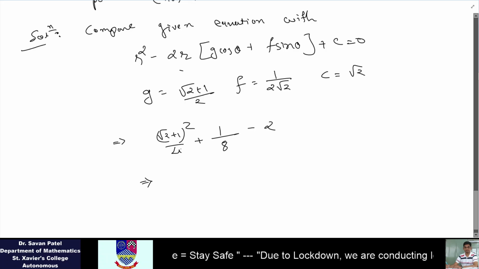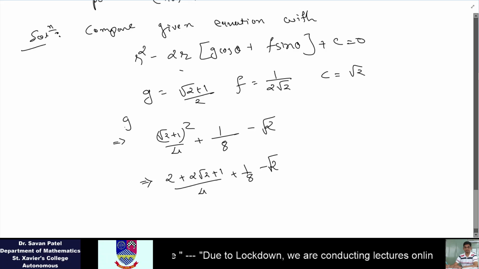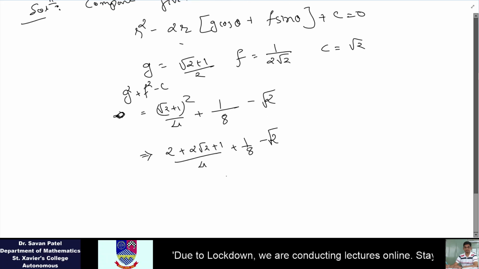So simplify this. That is 2 plus 2 root 2 plus 1 by 4 plus 1 by 8 minus, sorry, not c square, it is square root 2. We want g square plus f square minus c equals this, and we want to check whether this is greater than or equal to 0 or not.